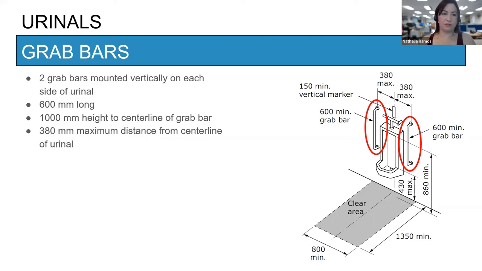Urinal grab bars: it is required to have 2 grab bars mounted vertically on each side of the urinal. Grab bars need to be 600 millimeters long, 1,000 height to center line of grab bar, and 380 maximum distance from center line of the urinal to each of the grab bars.